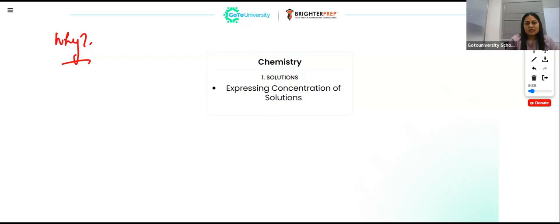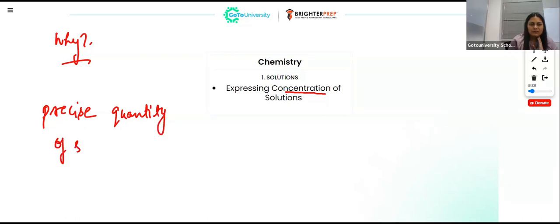So concentration is actually very important to get the precise quantity of solute present in it, right? So why do we measure the concentration of solution? To get the precise quantity of solute, right?